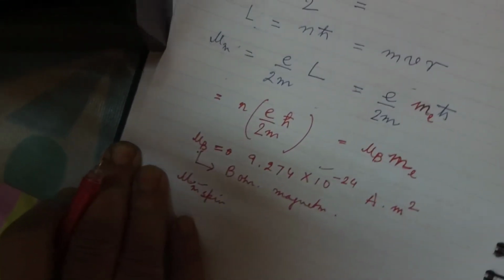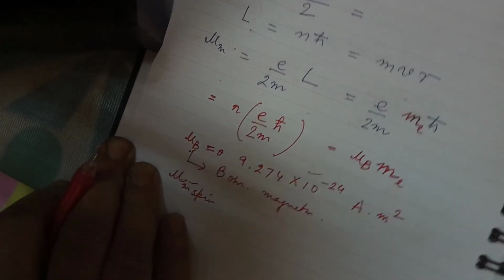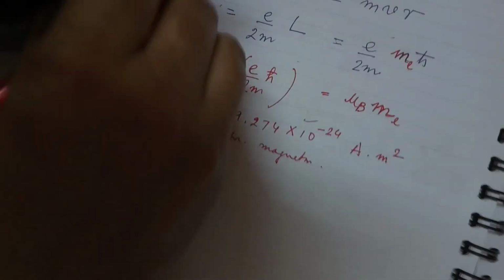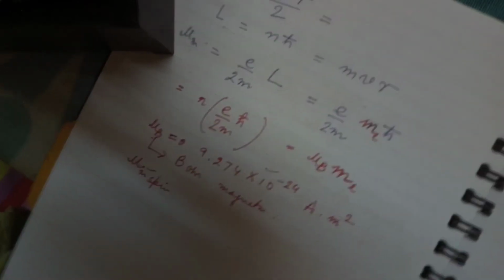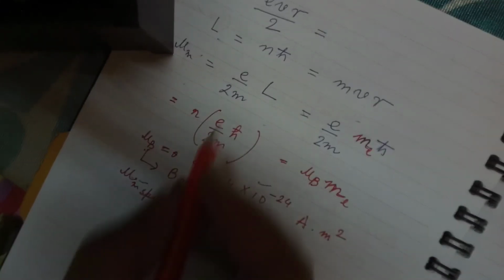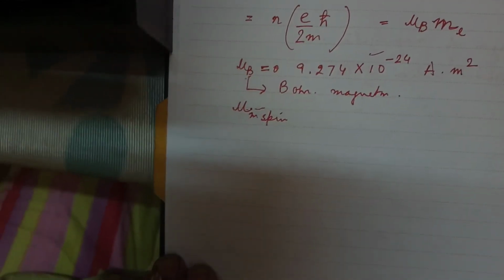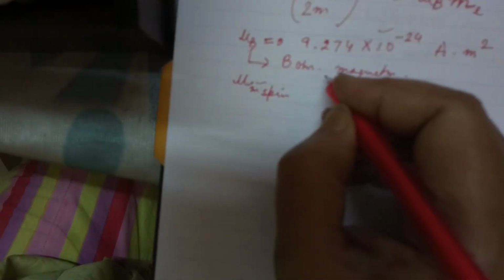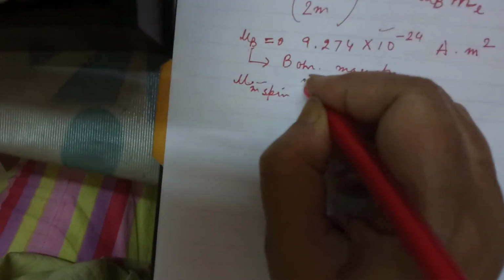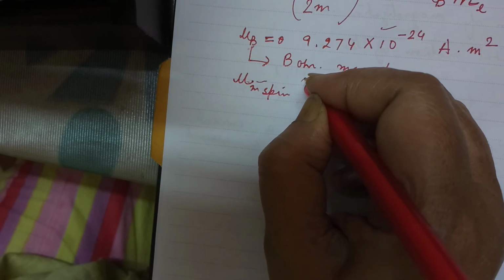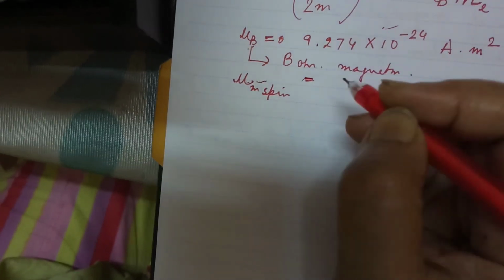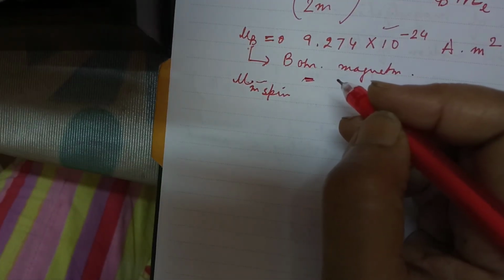Here it was mu m orb, that means orbital, but here it is mu m spin. This occurs because of the spinning of the electron around its own axis, not around the nucleus.